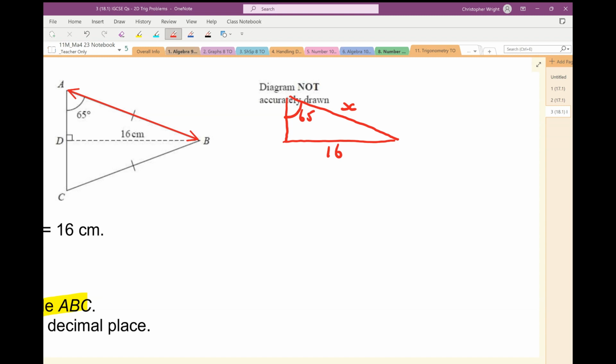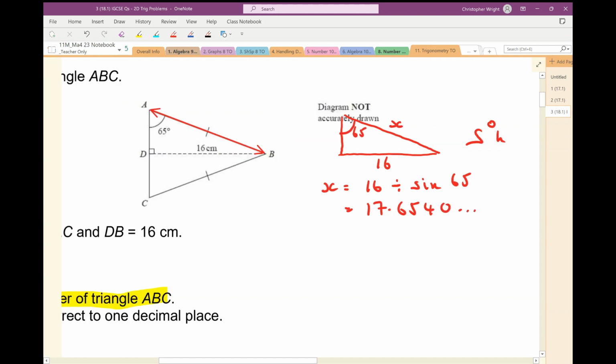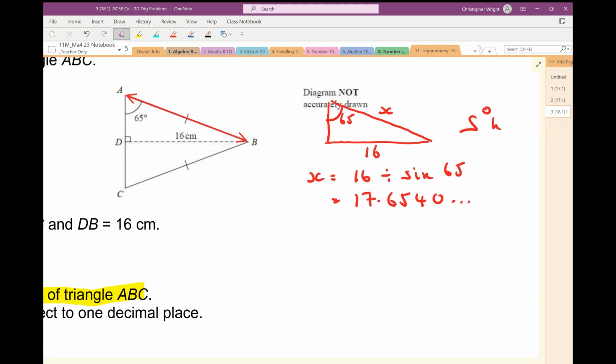It is going to be sine, and I'm looking to find the hypotenuse X, so X will be the opposite divided by sine 65. So I can work that out on my calculator, and I get the answer 17.6540, and so on.